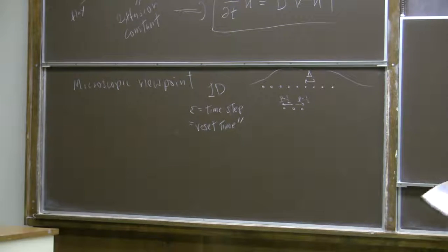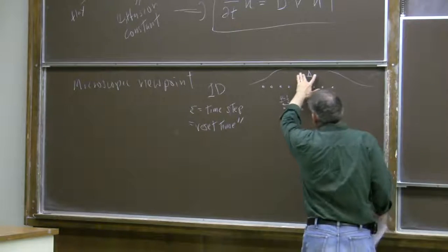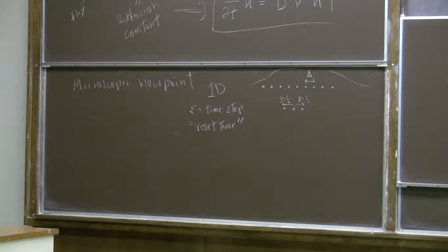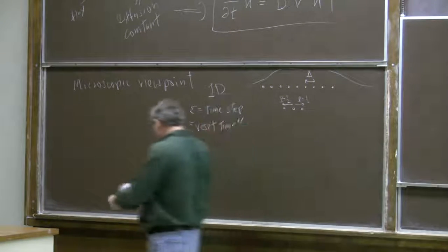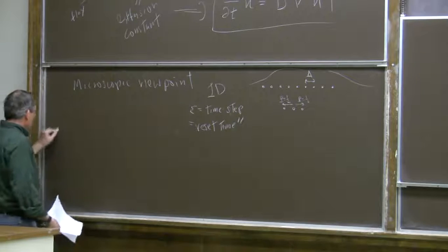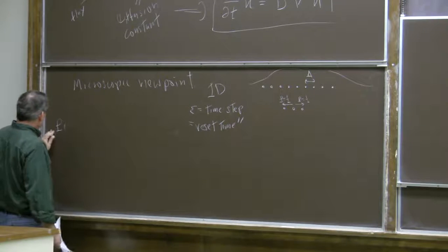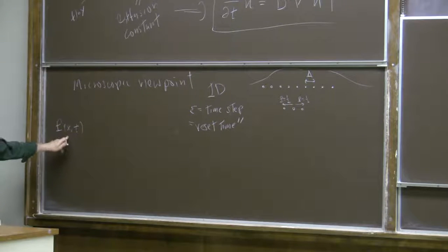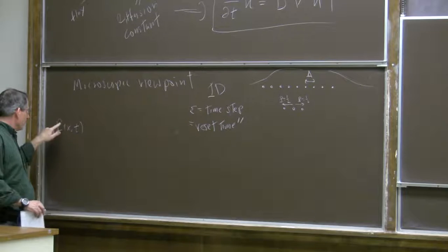We can describe that as a formal limit in which the lattice spacing delta and the time step epsilon go to 0. And then we obtain a probability distribution for the position in one dimension, which is an integer times the lattice spacing delta, and the time in our discretized model is some integer multiple of epsilon.